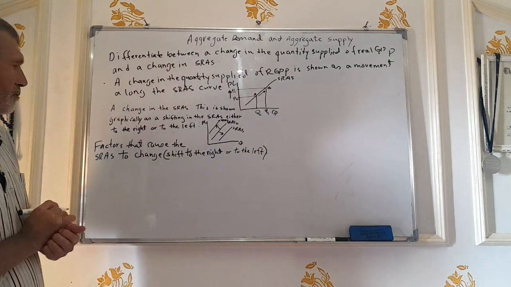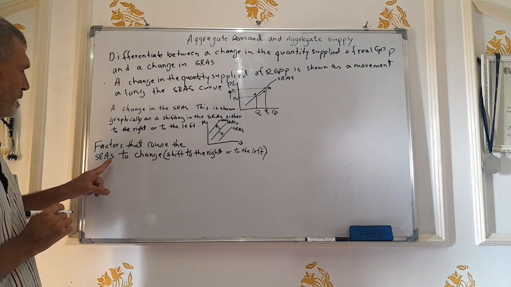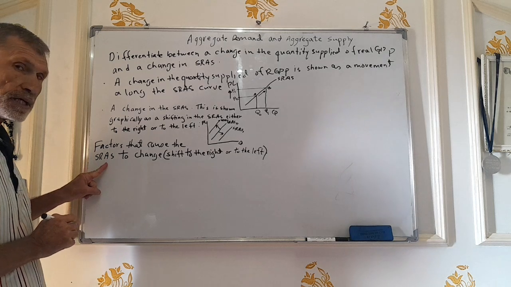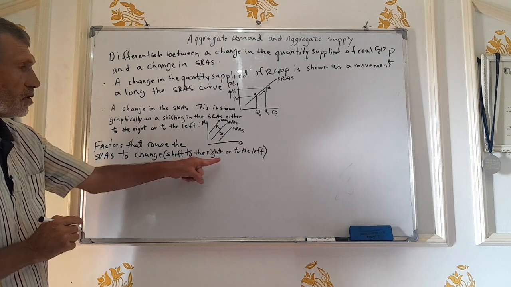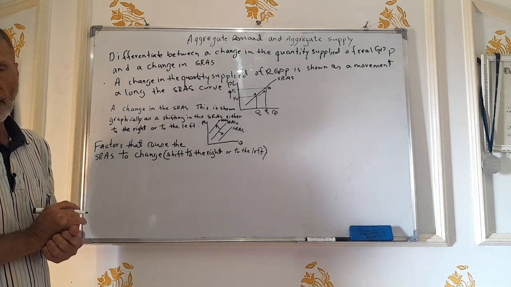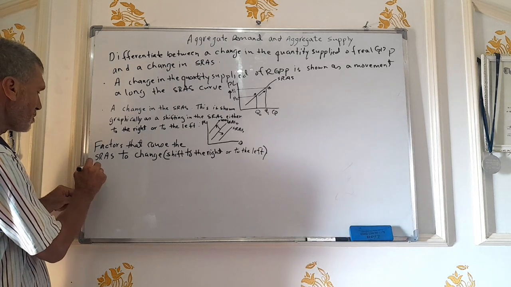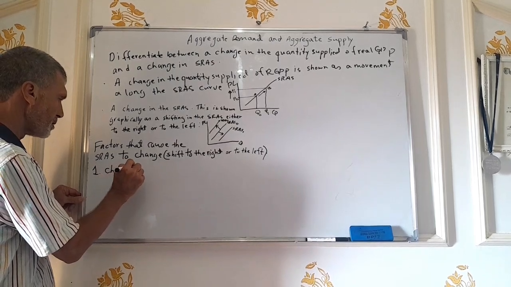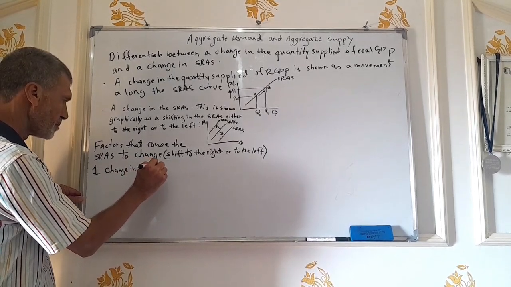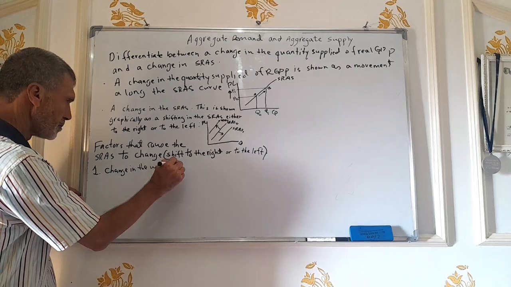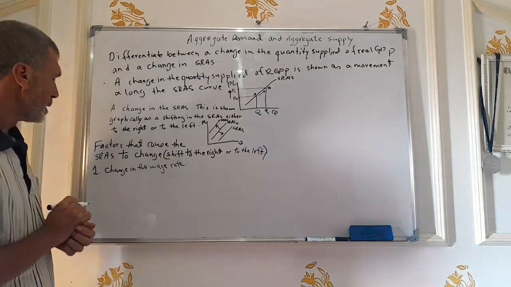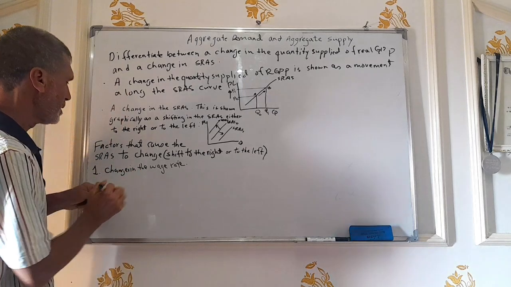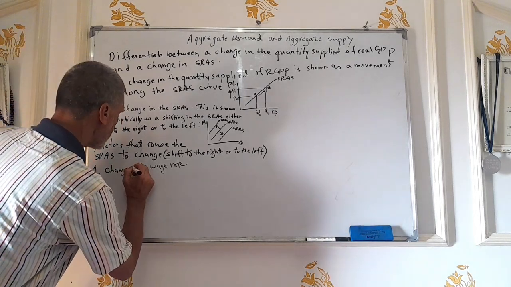We're going to talk about the factors that cause the short-term aggregate supply curve to change either to the right or to the left. What are those factors? The first one, of course, we're going to talk about is changes in the wage rate.